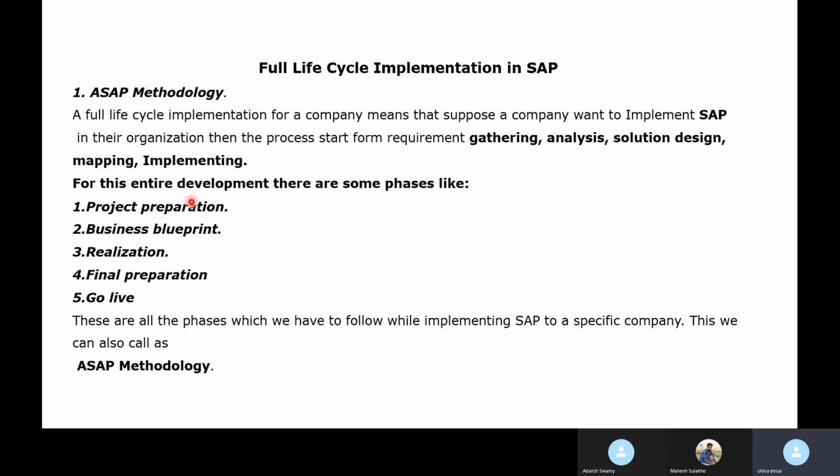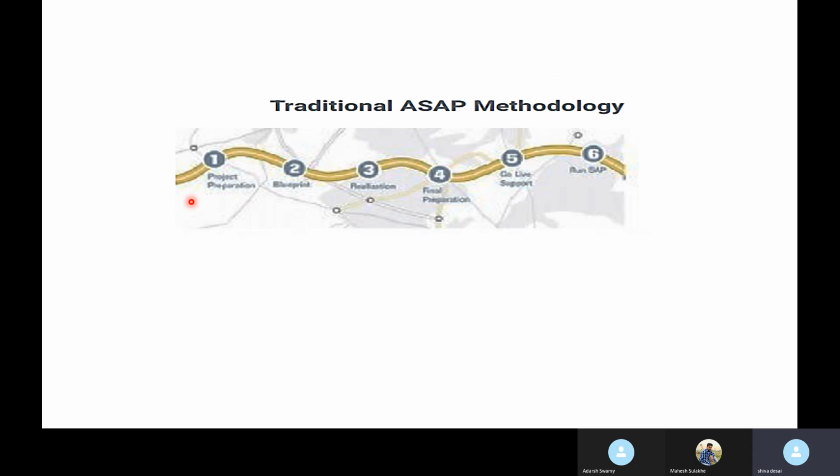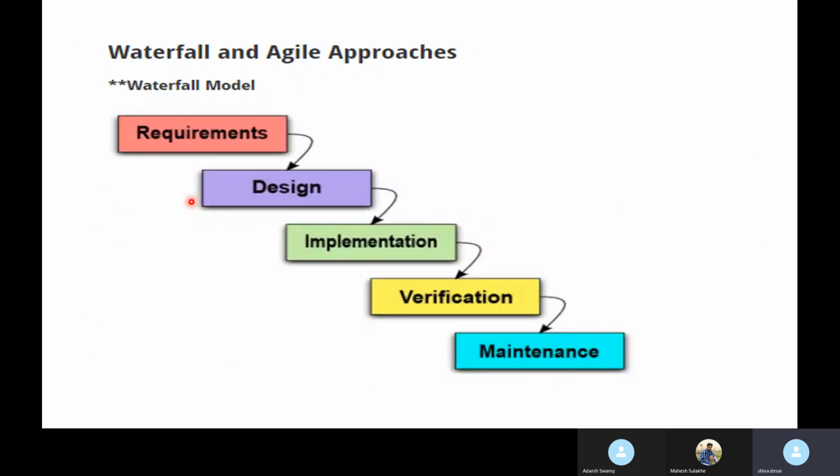So it will take 2 to 3 years, depending upon the business size. Maybe medium scale, large scale, very large scale industries, where data is huge. So it follows the waterfall methodology, we call it. ASAP follows the waterfall approach or waterfall model.